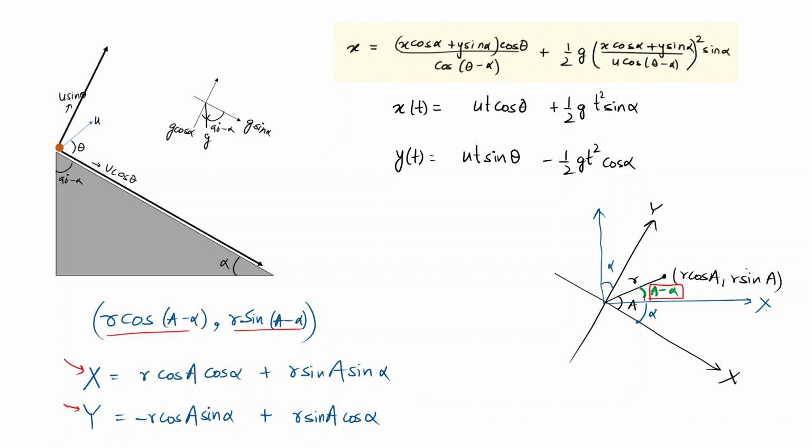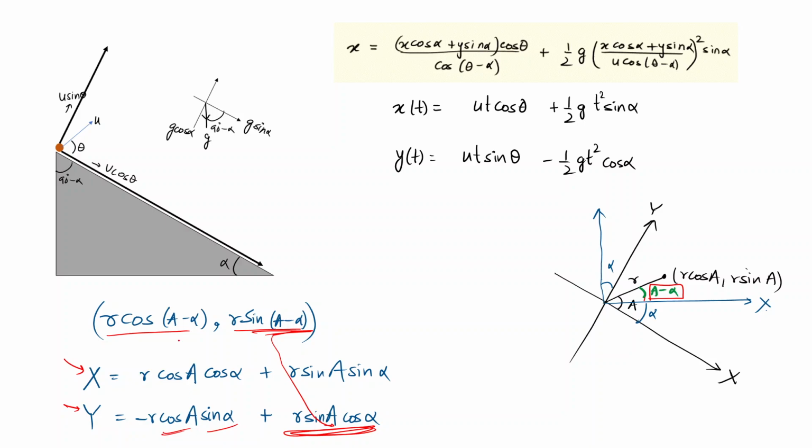So cos(A minus alpha) is cos A cos alpha plus sin A sin alpha, and sin(A minus alpha) is sin A cos alpha minus cos A sin alpha. Deliberately I have written this first term here, and sin alpha, and minus cos A is here.